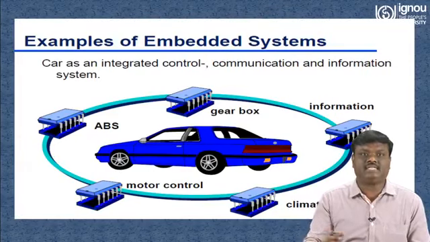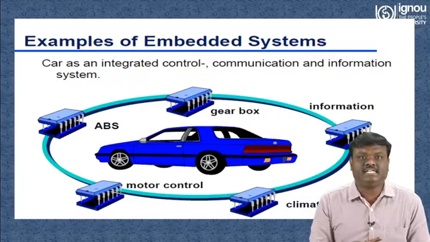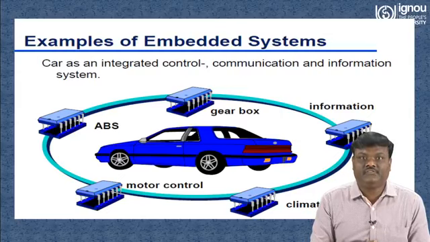You can see there are one or two examples that I want to show. A car is integrated with control, communication and information systems. Here one embedded chip takes care of the gearbox controls, another takes care of the information, and a third embedded system handles the climate control.